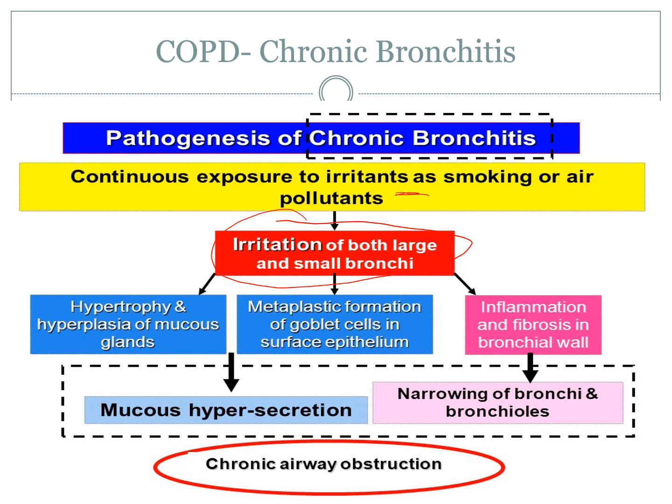Now, what happens there is it causes your mucus glands that we spoke about at the start of the lecture to actually increase in number and increase in size, therefore producing a hell of a lot more mucus itself. You also go through a phase called metaplastic formation of the goblet cells. Now what that means is your epithelial layer on the inside will actually grossly change itself, producing more dysfunctional cellular structures on the inside of the lung, so reducing the lumen even further.